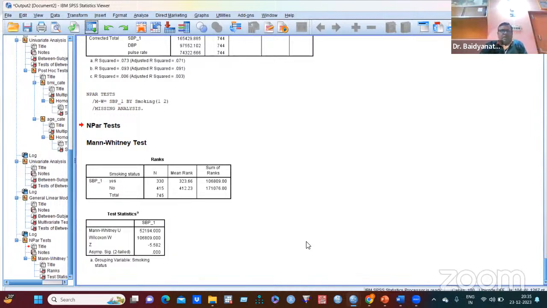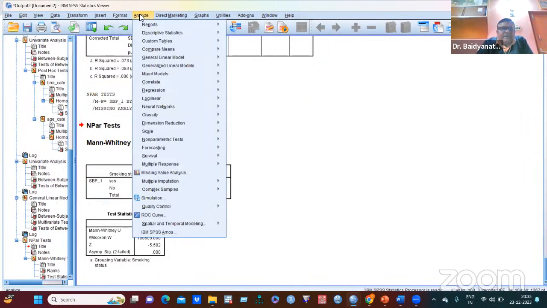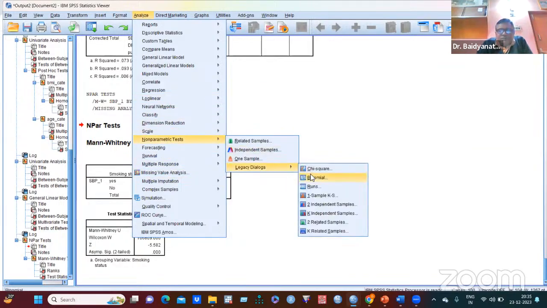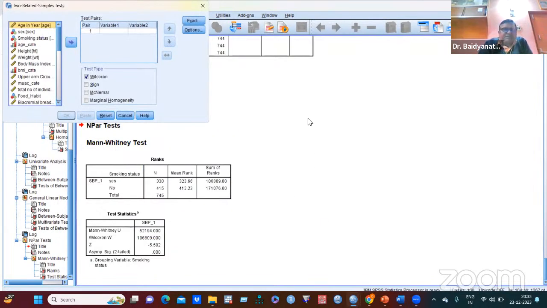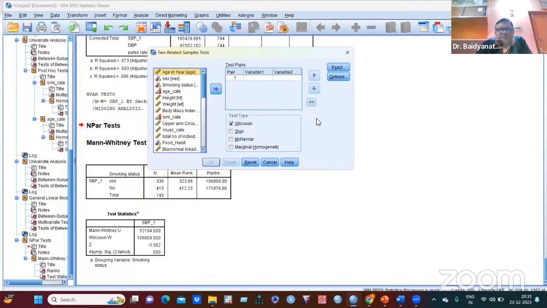Now I go to the paired t-test. Paired t-test is similar to this, related samples. So the Wilcoxon test is already the default here. Again, I put systolic blood pressure 1 and 2.